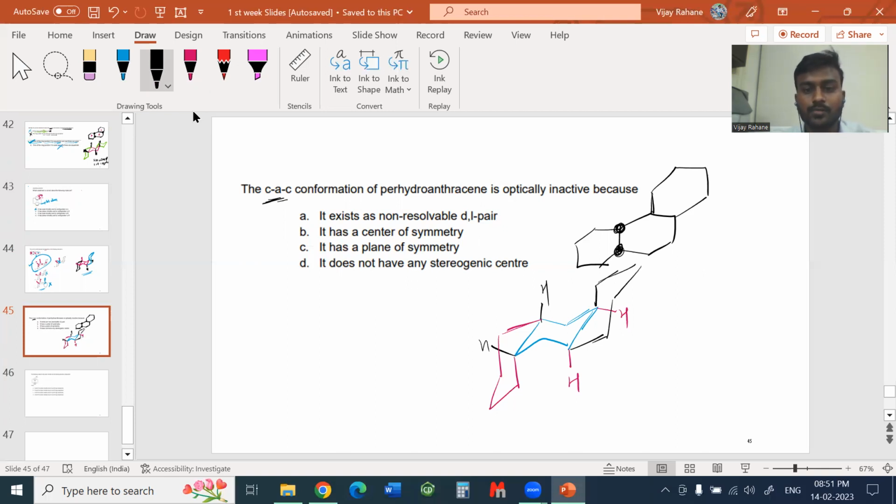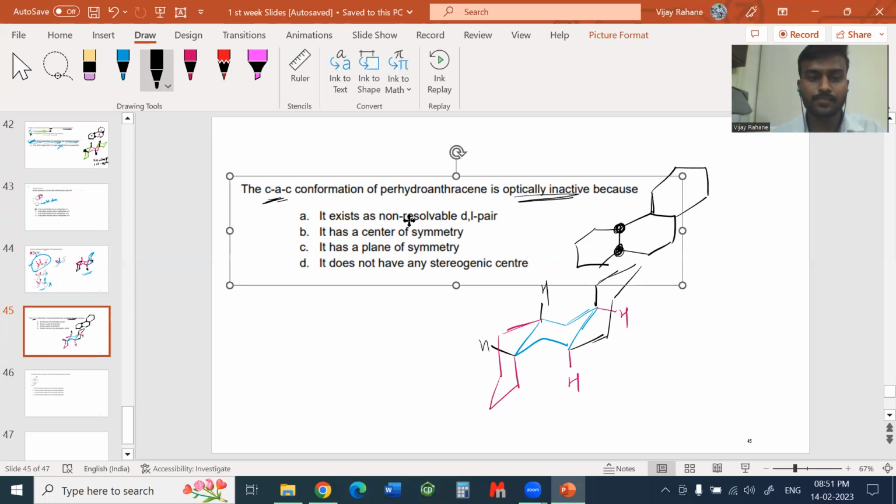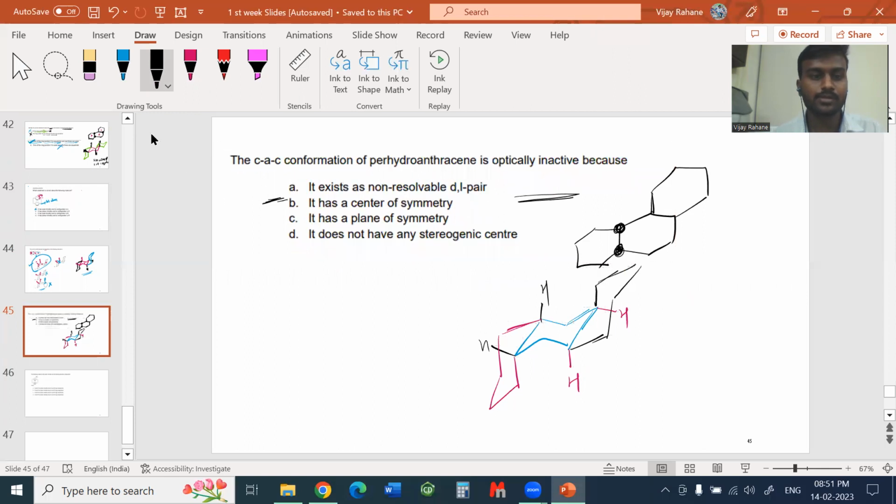So it is optically inactive. Why is it optically inactive? When any molecule has a proper or improper element of symmetry, meaning any kind of plane is present, then the molecule will be optically inactive.